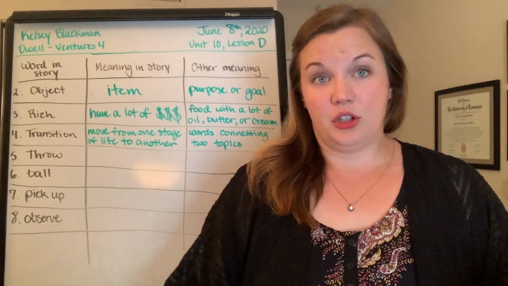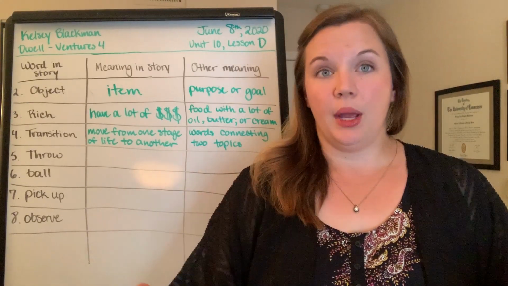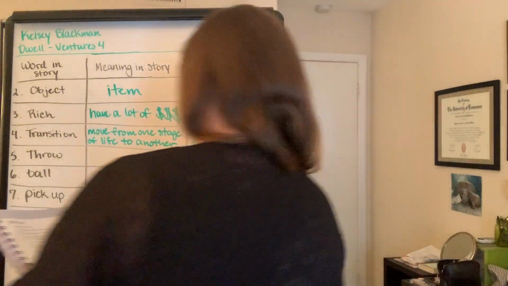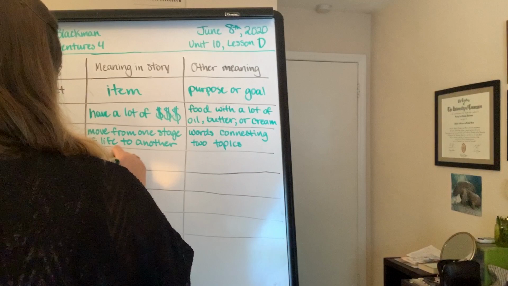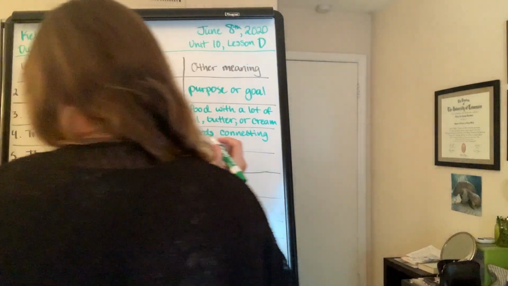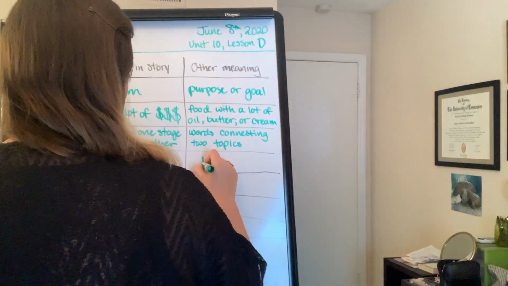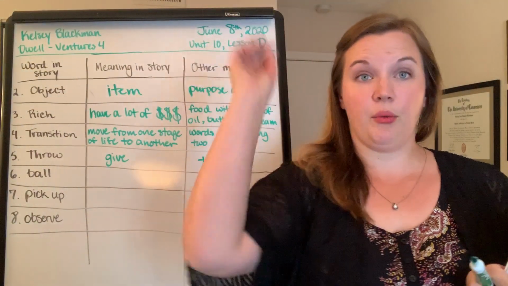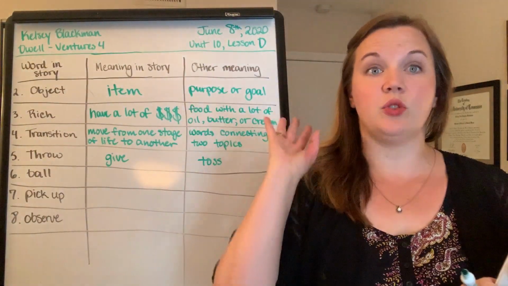They would give their children a birthday party. They would throw it. They would plan and pay for and organize. So, give. But another meaning would be toss. Like to physically throw a ball, right? To toss it.